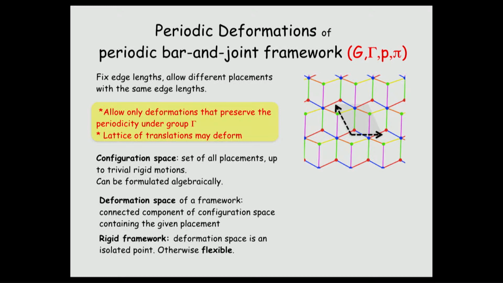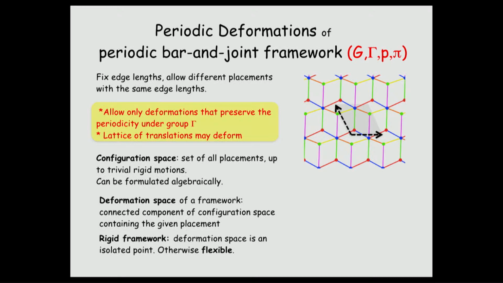So once again, the description of the framework is captured by a finite set of points, which are the representatives, a finite set of edges, representatives for all the periodic bonds, and lengths for them, and by the choice of the generators of the lattice.